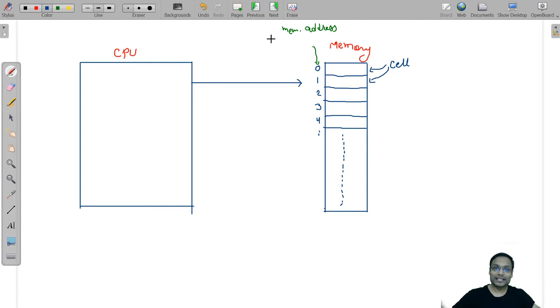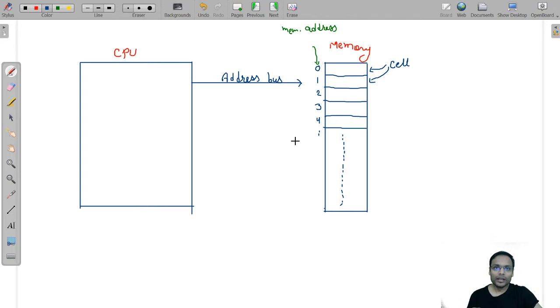How does the CPU send the address to memory? In the previous class I told you that the CPU sends an address to memory using the address bus. So using this address bus, the CPU sends an address to memory saying that on this specific address I want to access the memory.